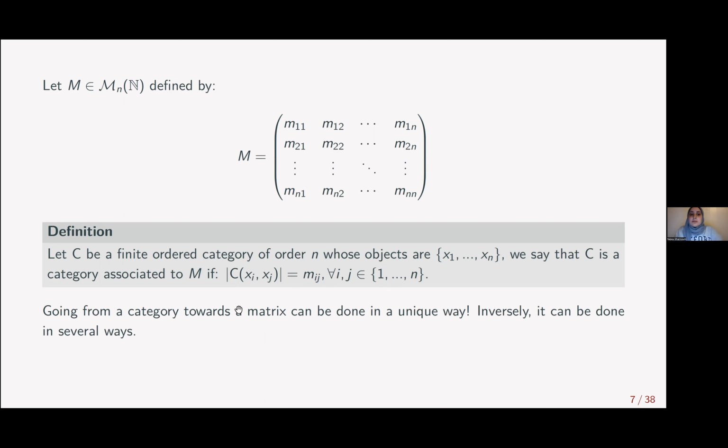And going from a category towards a matrix can be done in a unique way, but inversely we can obtain many categories for a single matrix, and this is what we'll be doing here. And as a notation, we denote Cat_red(M) as the set of finite reduced categories that are associated to M, because we're interested in studying only reduced categories.